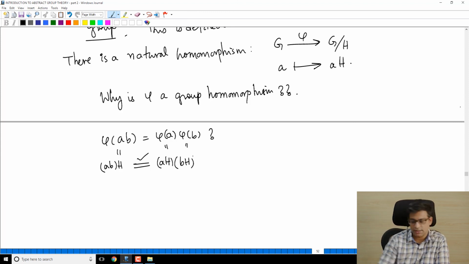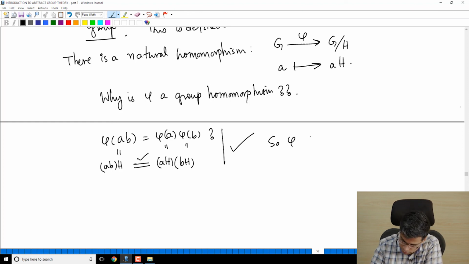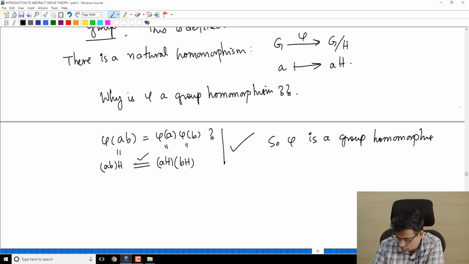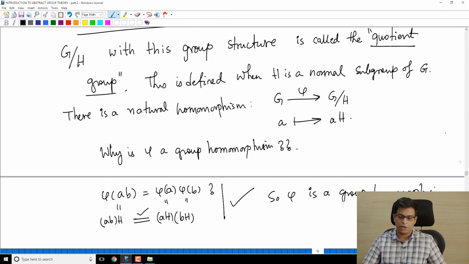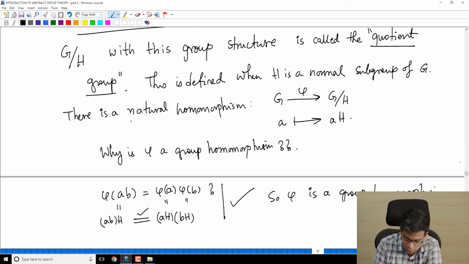AH times BH is equal to ABH. So this is a group homomorphism. Okay, so quotient groups must always be thought of with this structure of this particular group homomorphism. So it is a group and it admits a natural homomorphism always, G to G mod H.